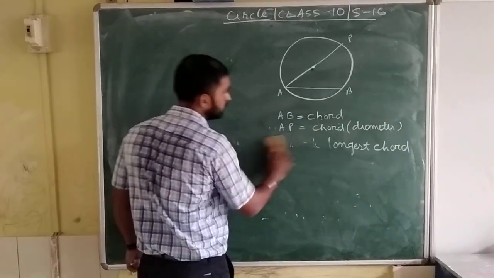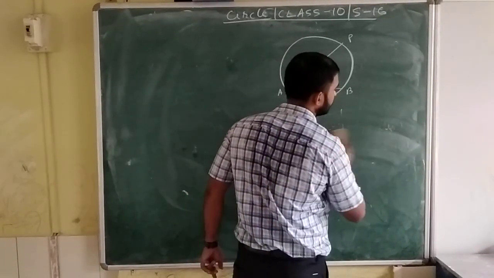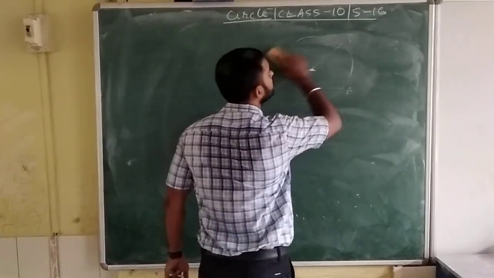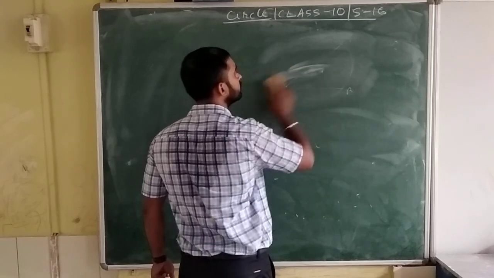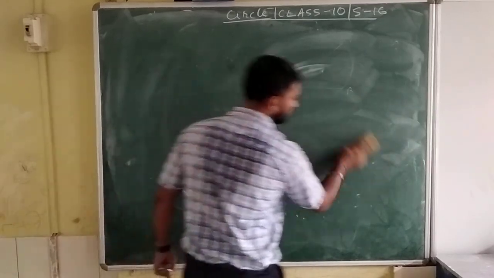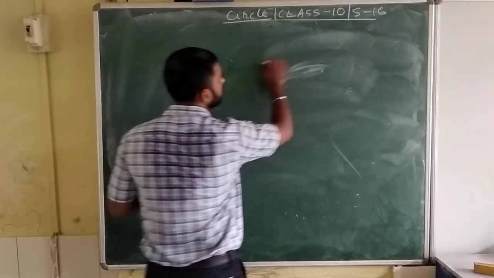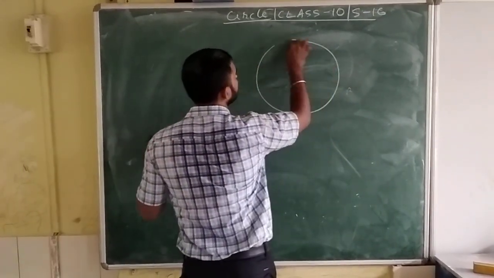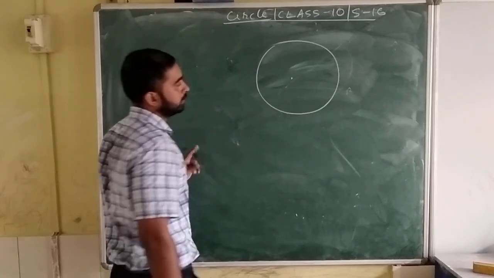Next, the main point: what is a tangent? This is a circle and this is the center.